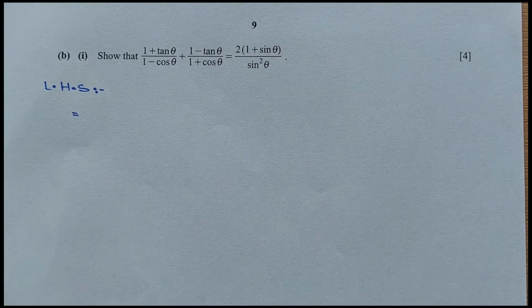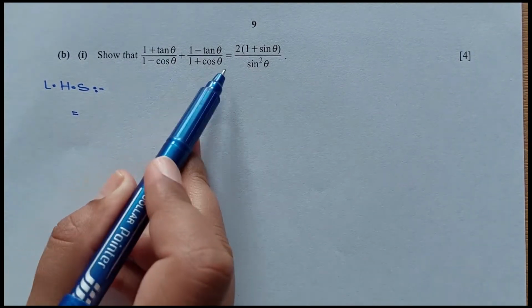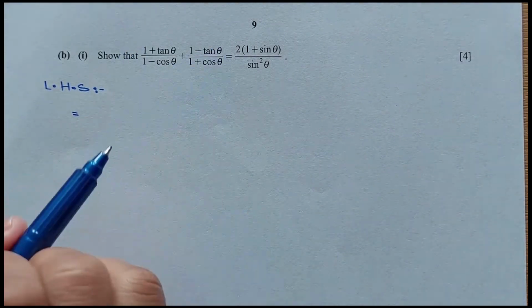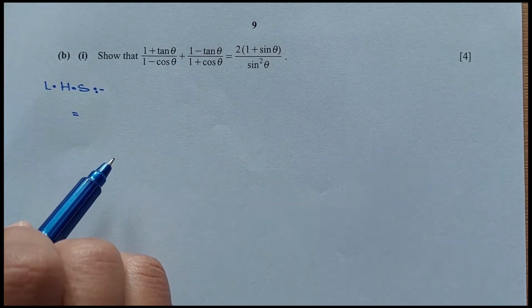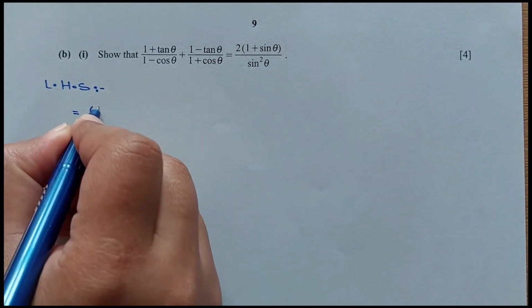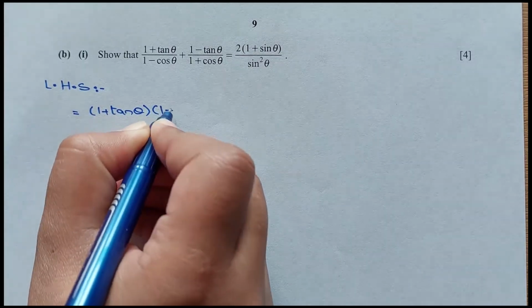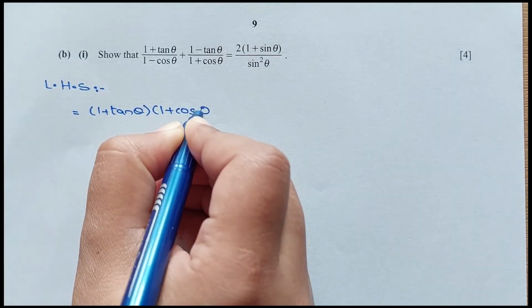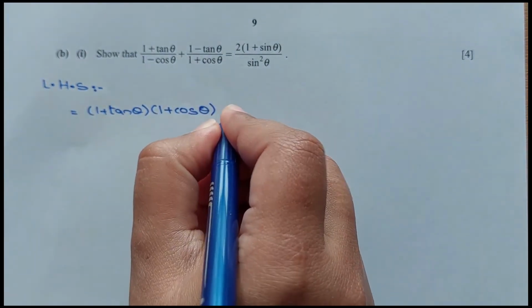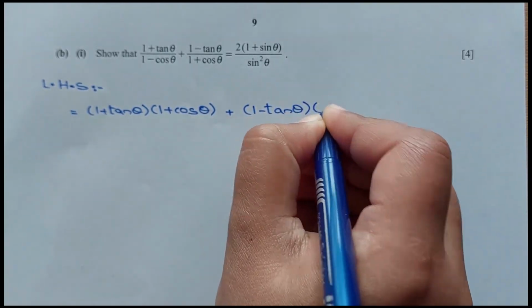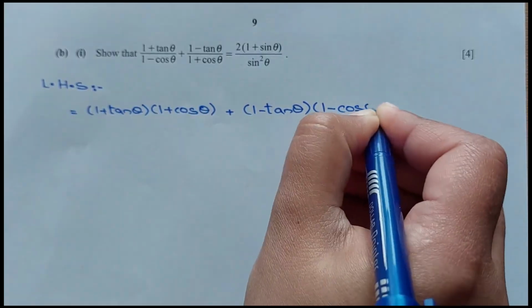So 1 minus cos x and 1 plus cos x is going to be the LCM, multiplying with the opposite denominator, basically a cross multiplication. 1 plus tan theta is multiplying with 1 plus cos theta, the cross multiplication, plus 1 minus tan theta is multiplying with 1 minus cos theta.